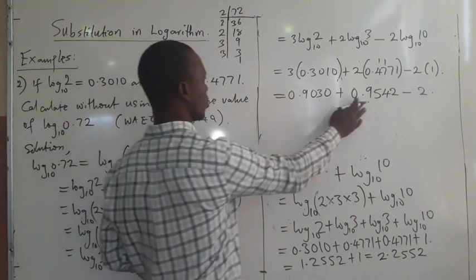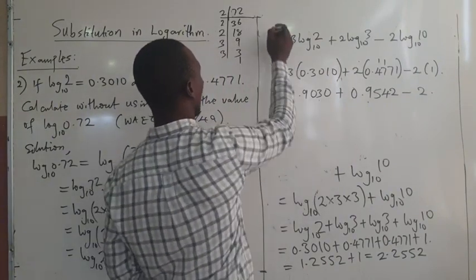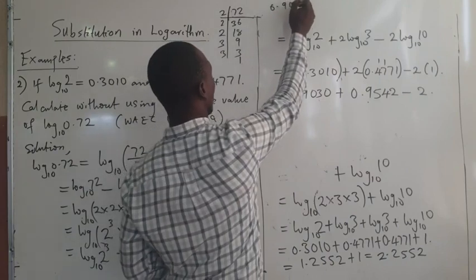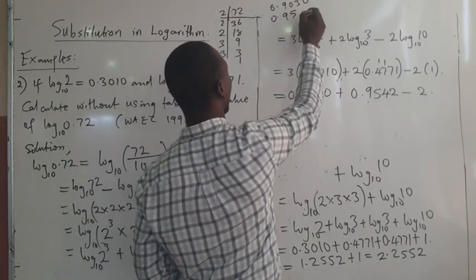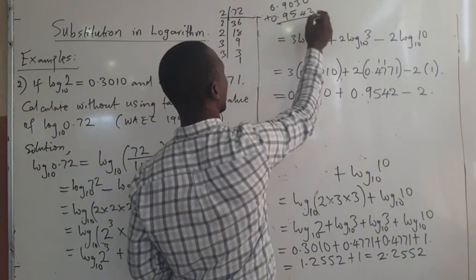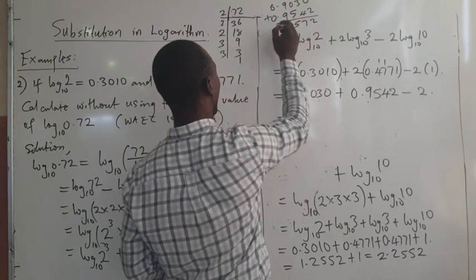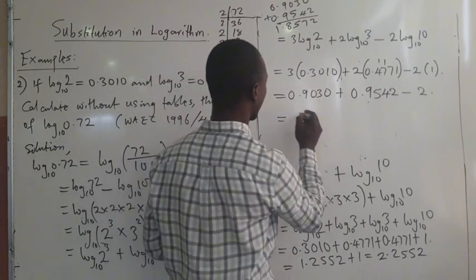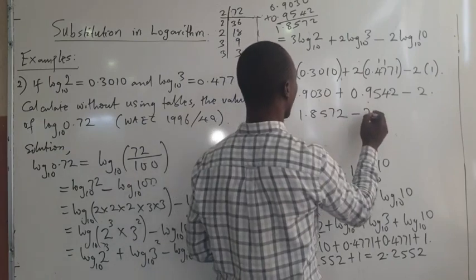So the next thing to do is to add these two numbers together. We have 0.9030 plus 0.9542. Adding the two together, we have 1.8572, then minus 2.